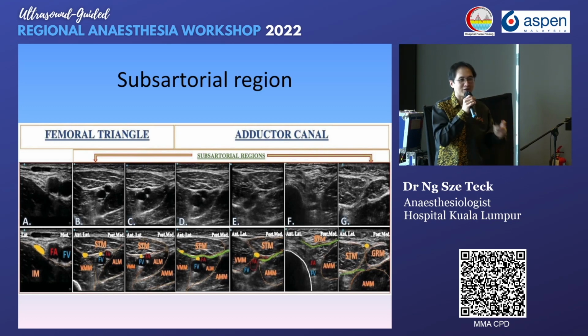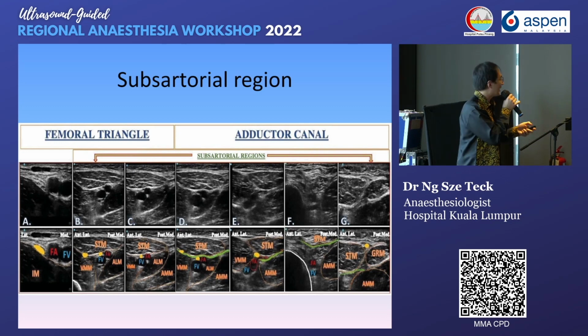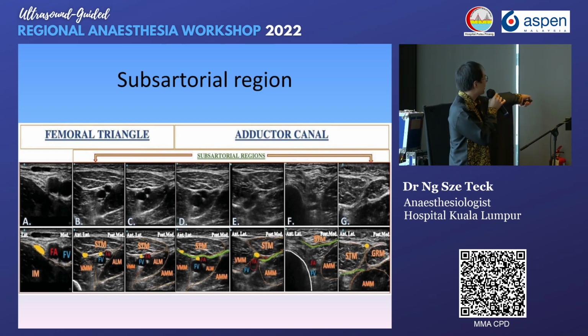So the concept of the subsartorial region: the sartorius, the adductor longus and the vastus medialis all come together there, but only part of it is in the femoral triangle, and the other part of it is the adductor canal.